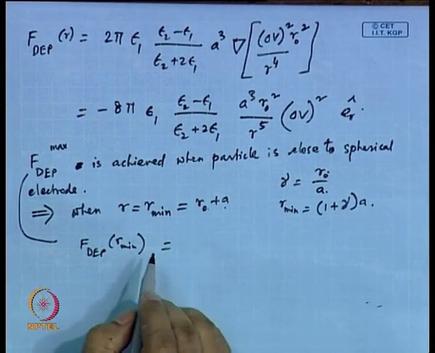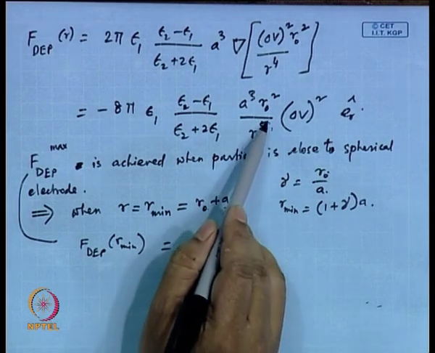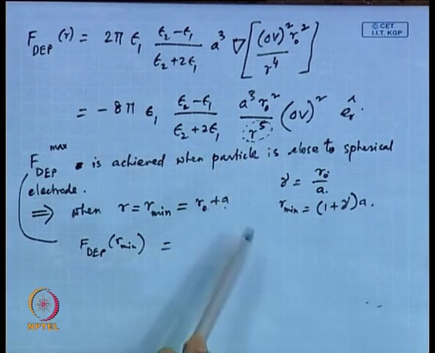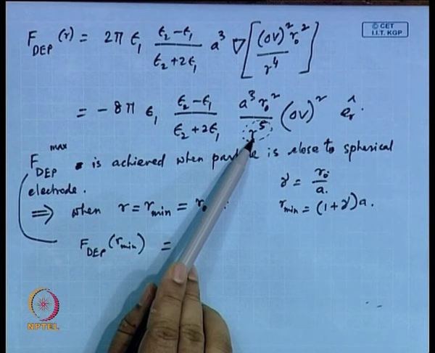Now, instead of r to the power 5, you write r min to the power 5.